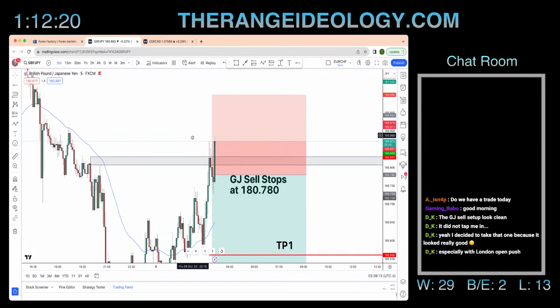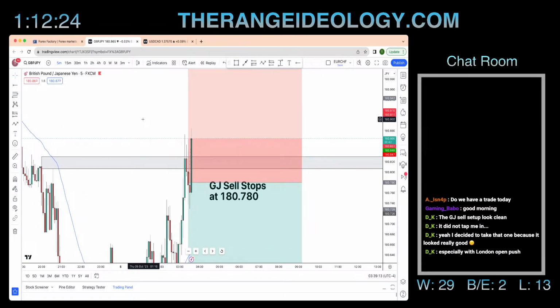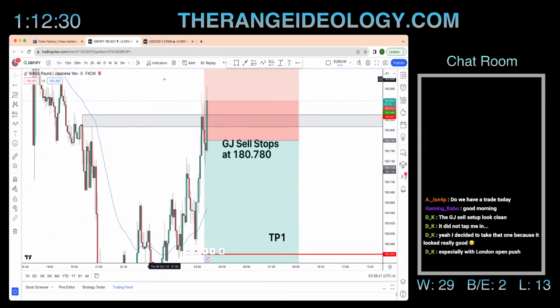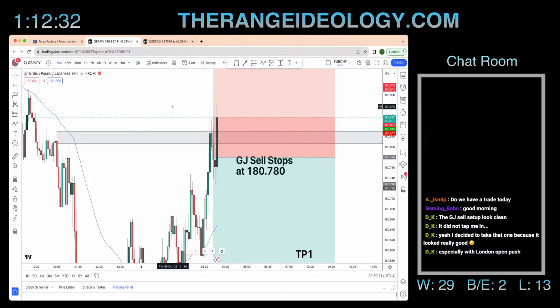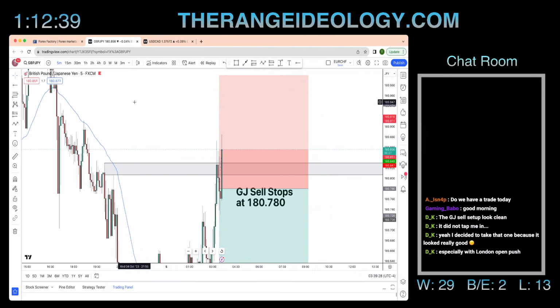Oh wow, look at that volume on GJ right now. Let's see here. We have less than a minute left on the 5-minute candle close.